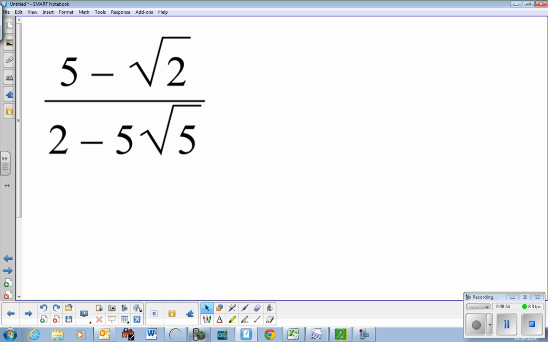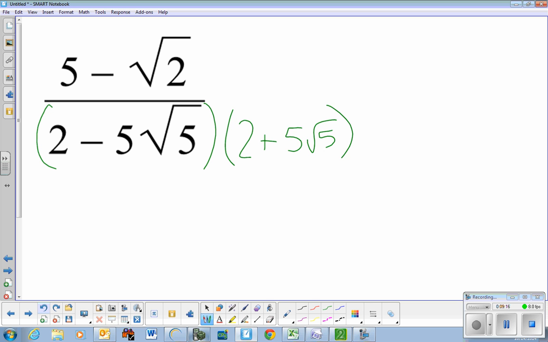Now, if it's part of a binomial, meaning two parts that are added or subtracted, then your rationalization is going to happen by taking the conjugate of the bottom, which is the same thing with a plus instead of a minus, and multiplying the top and the bottom by that exact thing.